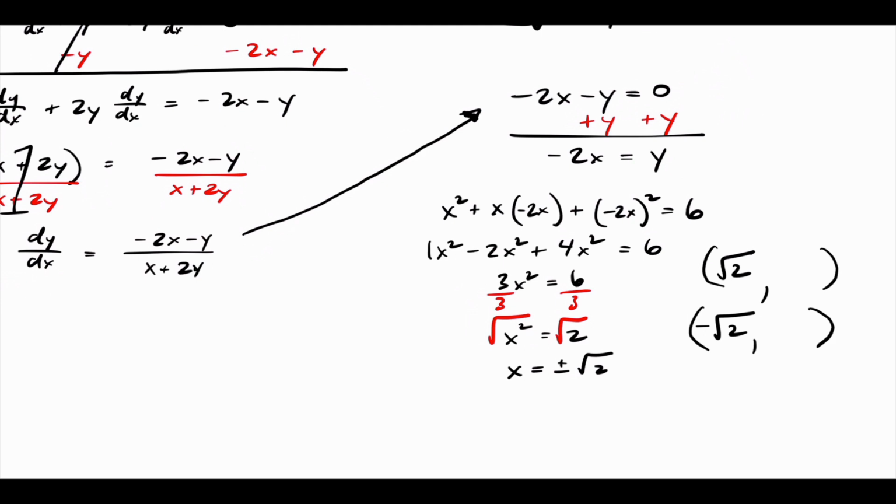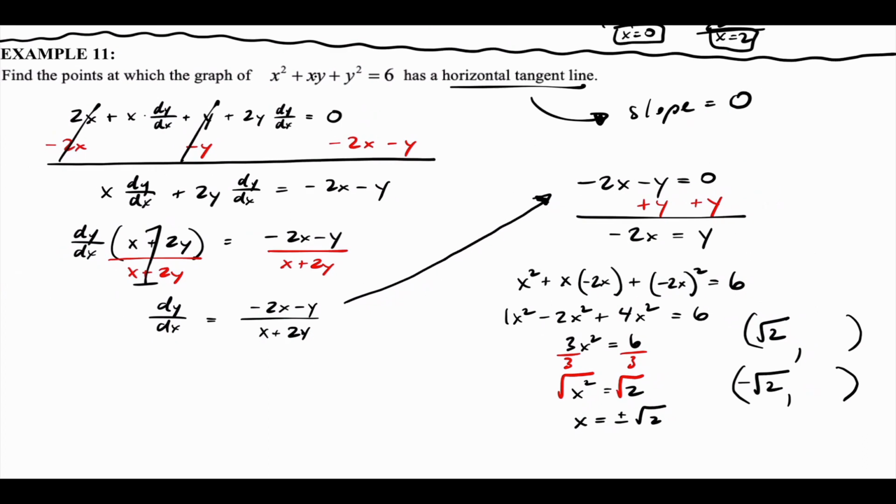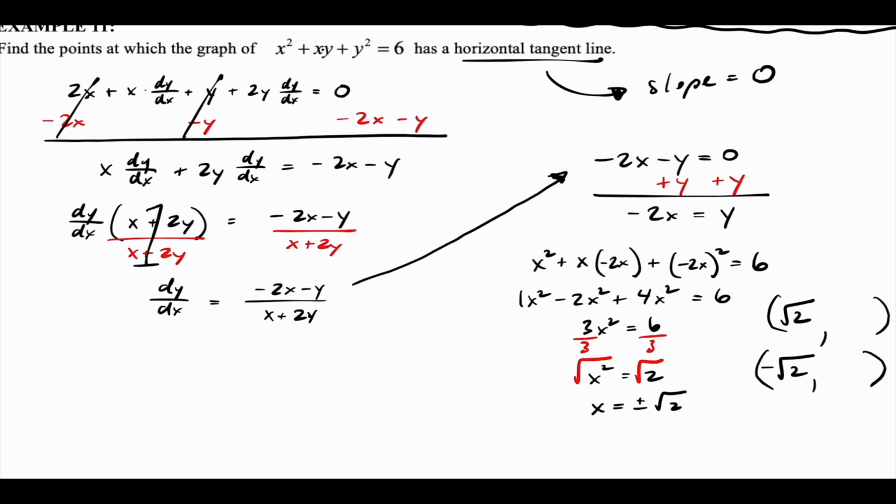I got 2 x's, I need 2 y's. How do I come up with the y's?